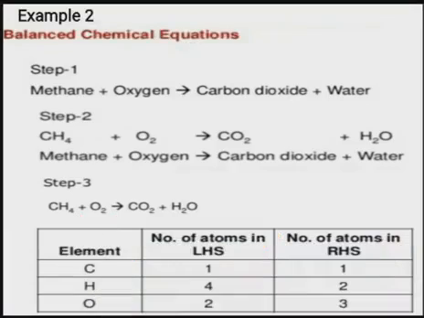Now we will see the number of atoms on the left-hand side. Carbon, here you can see only one, and hydrogen, there are 4 hydrogen atoms, and 2 oxygen, as we have written here on the left-hand side. And now we will see the number of atoms on the right-hand side.